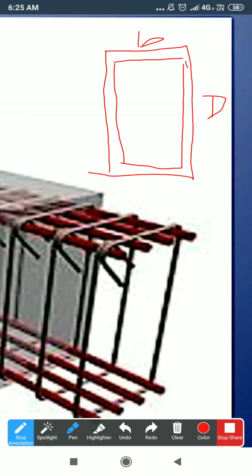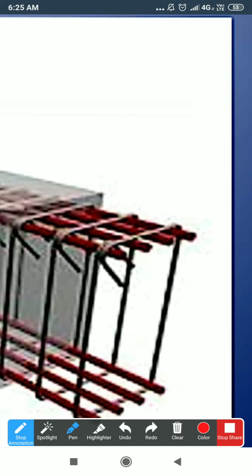Then the reinforcements in the cross section: there are four number of longitudinal bars, so you have to draw those four bars like this. At the bottom also there are four number of bars. Then this is the representation for the stirrups.